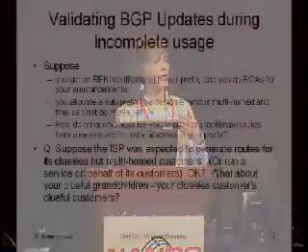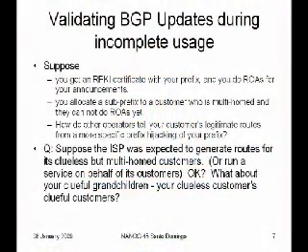Then there's the other partial deployment problem of you've decided to do the RPKI, you've decided to create ROAs for all of the routes that you announce. You allocate a prefix to a customer, they're not ready to do this yet. But they are multi-homed, so they do want to produce route announcements on their own.